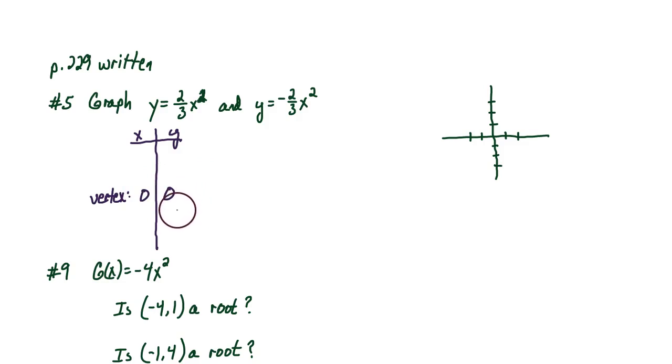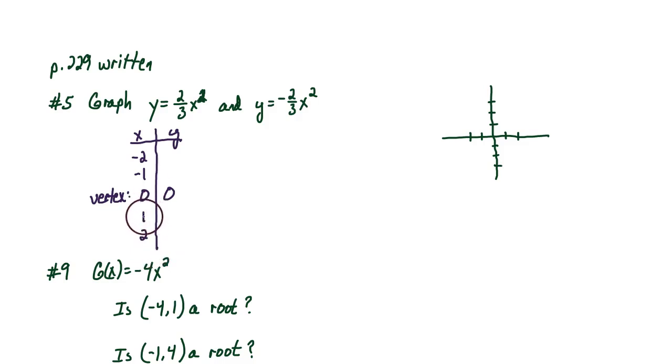We're going to get some parabolas in a different section where the vertex is another point, not 0, 0. The next thing to do is find points to the left and to the right of 0, 0. We can choose numbers for x that go to the left of 0 and choose corresponding numbers that go to the right of 0. Now let's make those substitutions to find y.